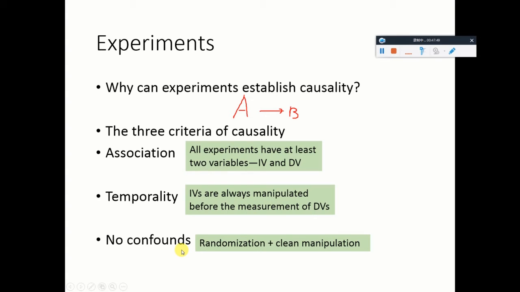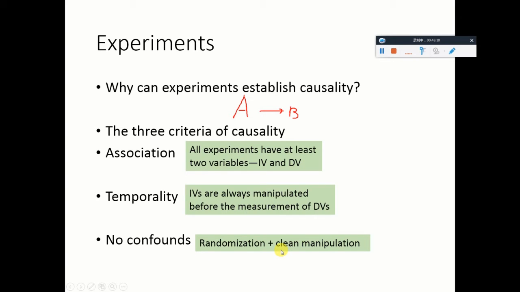So that's why randomization is important and helpful in establishing causality. But at the same time, in addition to random assignment, we need a second very critical aspect of the experiment to rule out confounds.